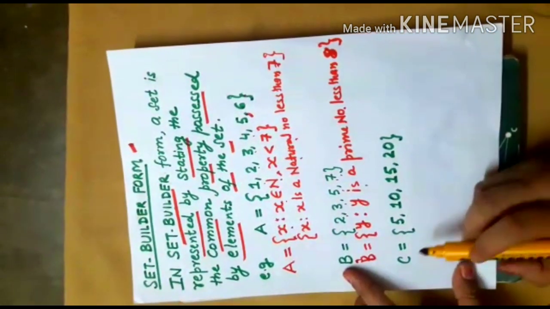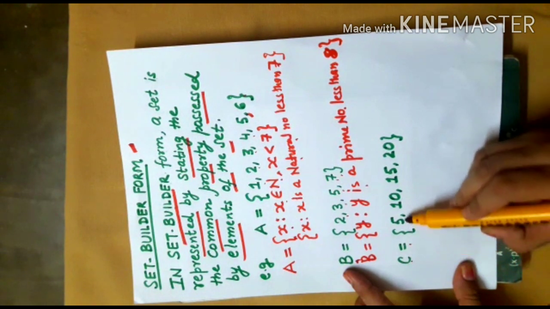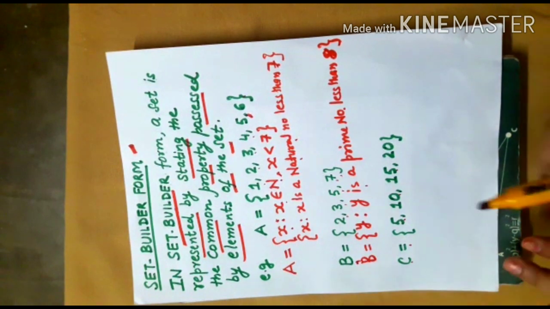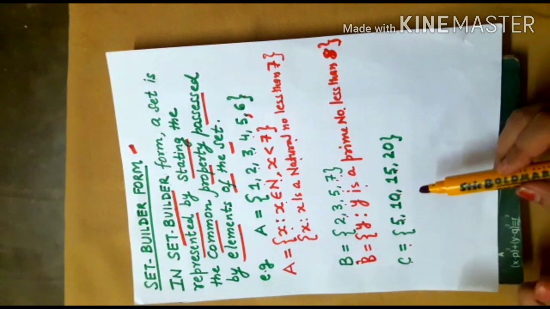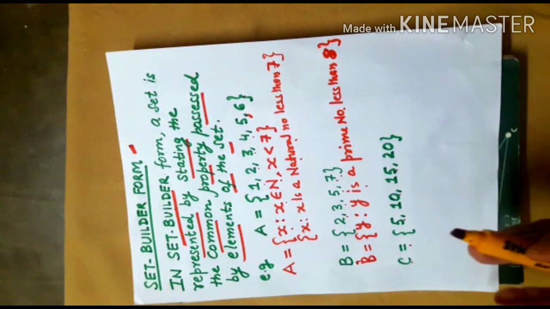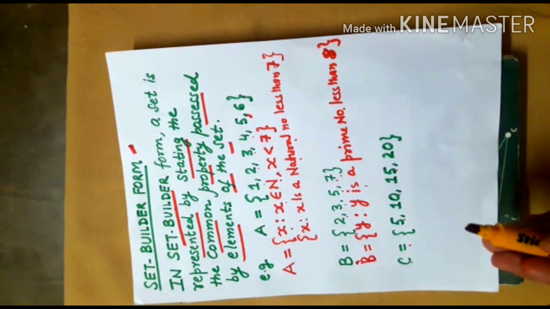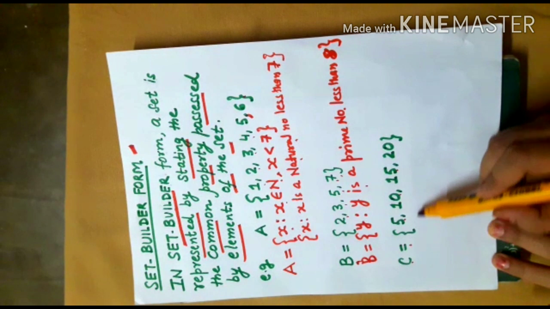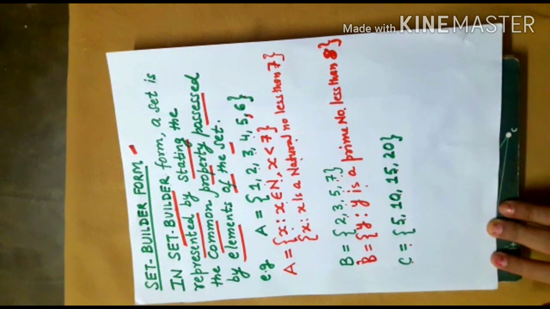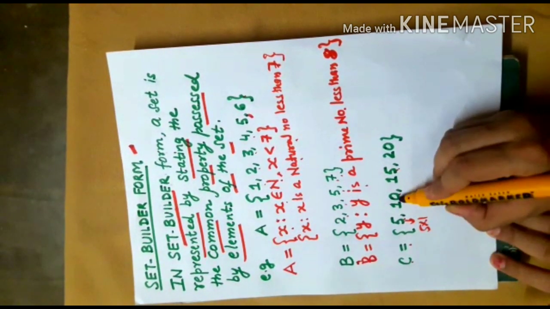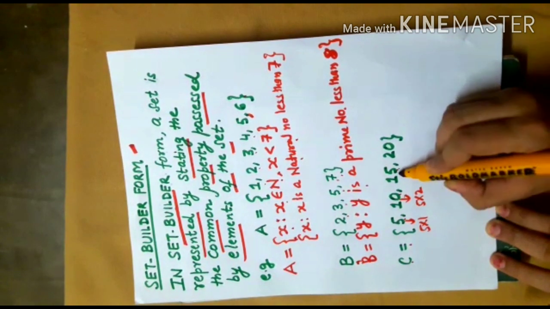Let's take another example. Consider the set C with elements 5, 10, 15, 20. I have to represent this set using set builder form. That means I have to represent this set by stating the common property possessed by the elements of this set. Yes, can you identify the property? Yes, they all are multiples of 5. This is 5 into 1. This is 5 into 2.